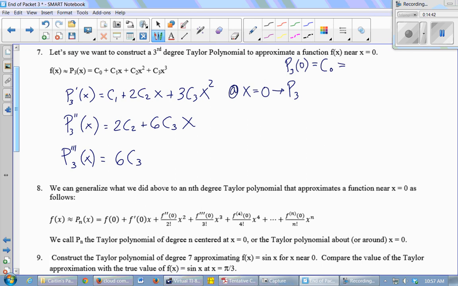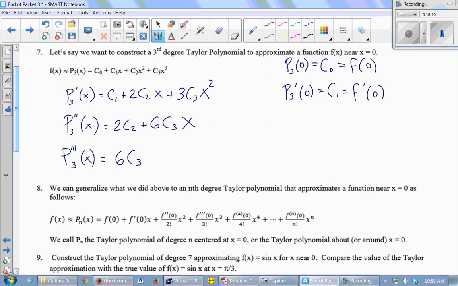We want to force that to equal f of 0. And then when I plug 0 into my first derivative, P3 prime, I just get C1. And I'm going to force that to be f prime of 0. I'm going to force the first derivative of my polynomial to equal the first derivative of my function.